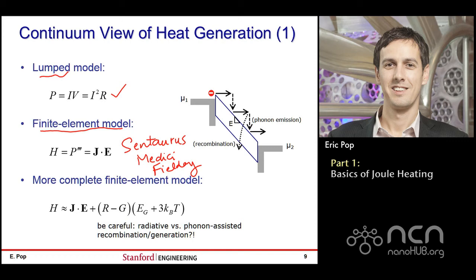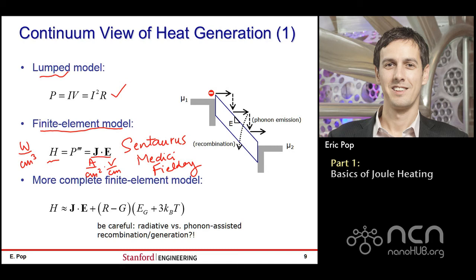Any of these finite element models typically will model the heat generation per unit volume, watts per, let's say, centimeter cubed, as the dot product of the current density and the electric field at any point across the mesh. The current density, of course, is amps per square centimeter. The electric field is volts per centimeter. And of course, you can see how you end up with a power density in units of watts per cubic centimeter in the simple representation.